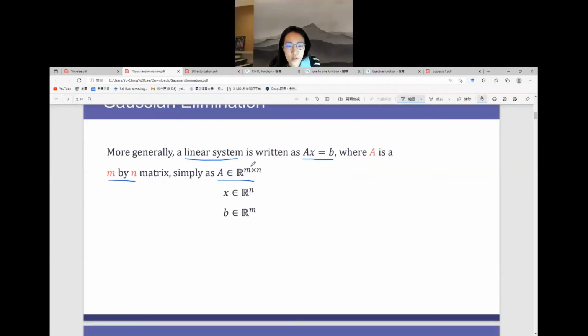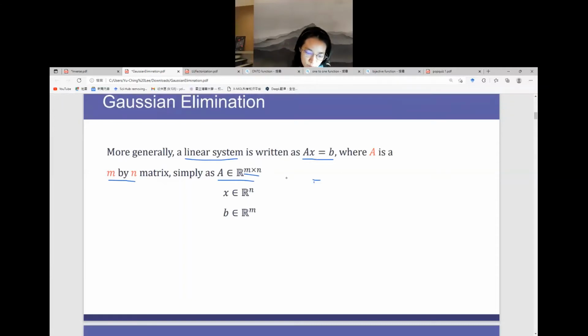R stands for real. That means all the elements in the A matrix are real numbers, and its size is m by n, where m is the number of rows and n is the number of columns.